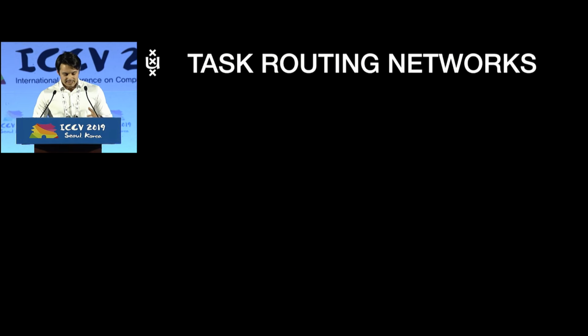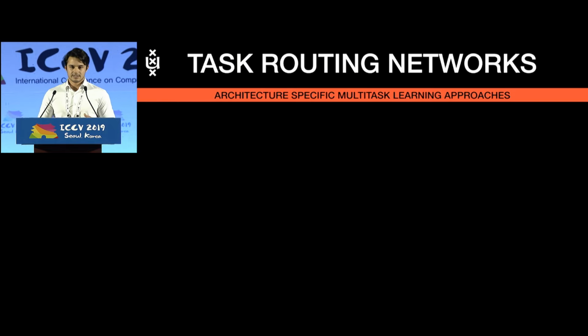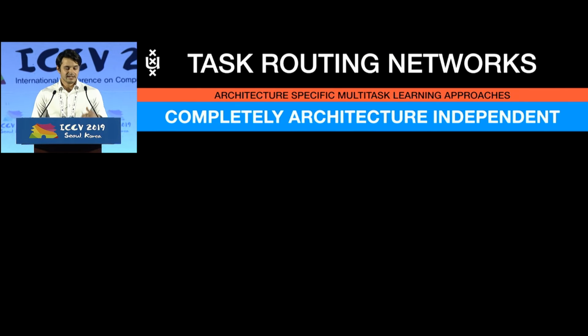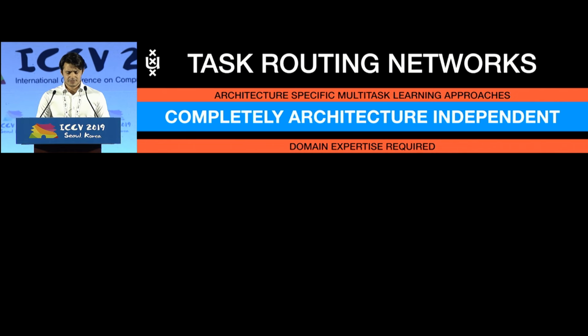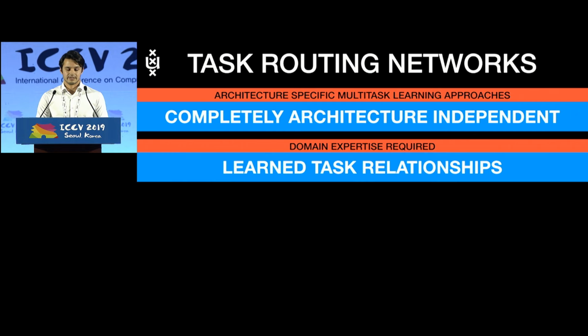So let's summarize and see how we overcame the four issues that we identified in the first slide. First, we avoided the architecture-specific issue by being completely architecturally independent. We have a layer, the task routing layer, that can fit any convolutional architecture.